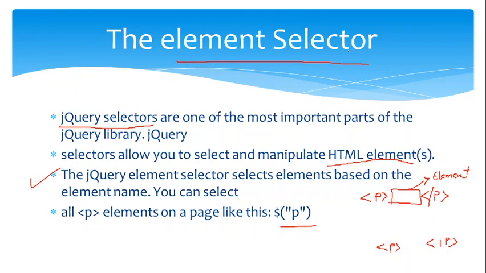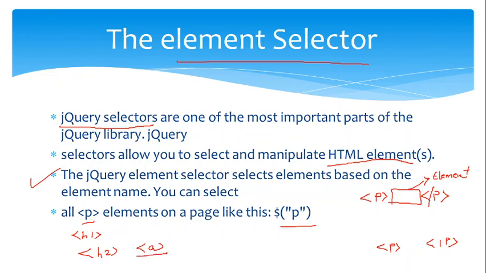So this is about the jQuery selector. We have the element selector. With the help of the element selector, whatever element you are using, like the p tag here, in place of that you can use an h1 tag also, an h2 tag also, or an a tag. Any tag you can use.